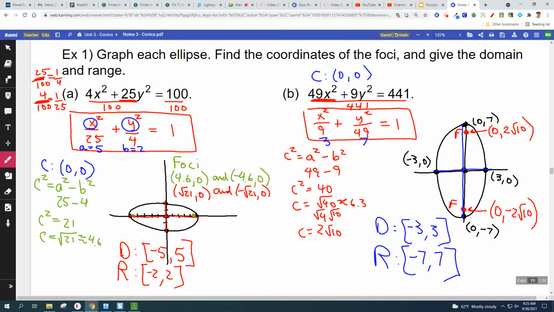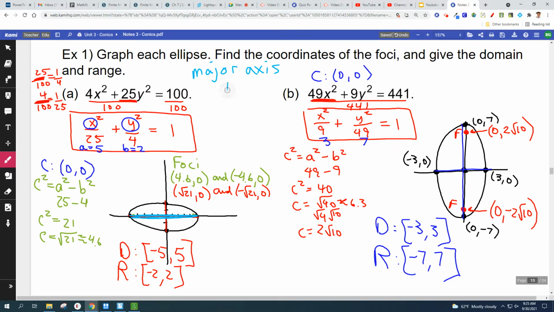Now, one other thing that they might talk about is a major axis and minor axis. You might have to come up with something called a major axis or a minor axis. It didn't ask, but the major axis is the longer axis. See how this is, what is this, 10?